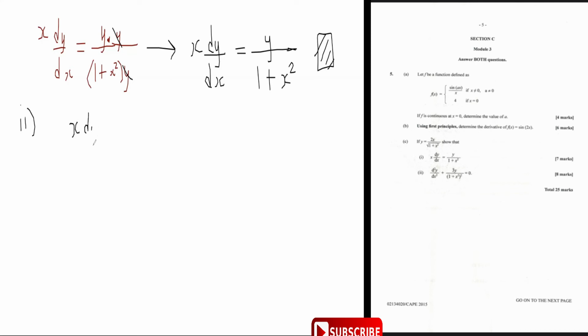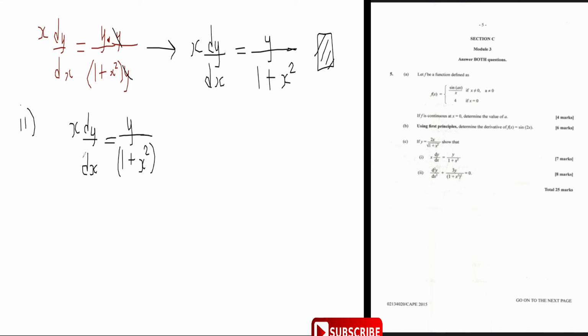So I just proved that x dy by dx is equal to y over 1 plus x squared. So I'm going to start with that. X dy by dx is y over 1 plus x squared.